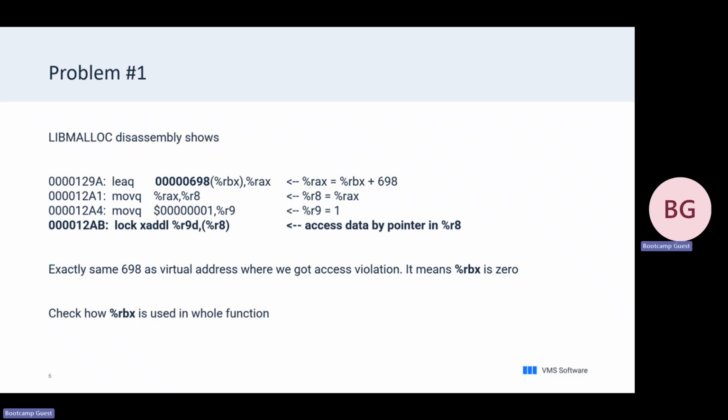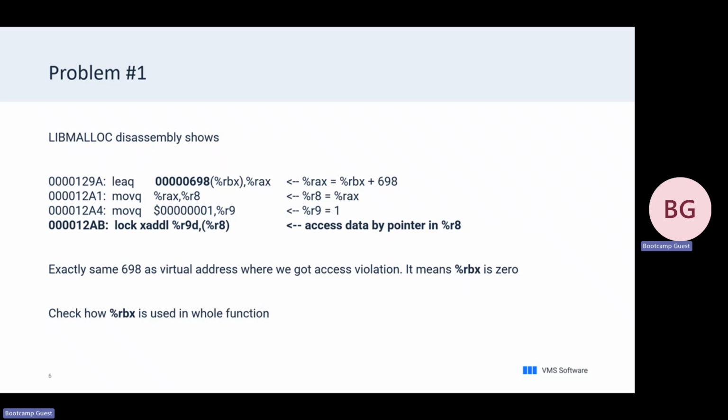We can check in this assembly how RBX is used in our whole function, because the LLVM optimizer can mix the registers in different ways. In our non-optimized cross compilers, all the local variables are stored in memory, not in registers. When we turn on optimization, LLVM starts to mix all the things into registers.